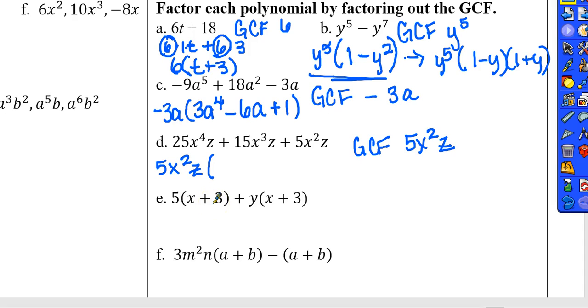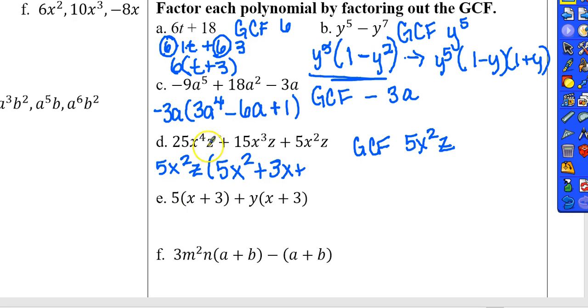So here we go. Greatest common factor is z. All right, so if I factor out a 5x squared z, how do I get back to 25x to the 4th z? 5x squared. How do I get back to 15x cubed z? 3x.